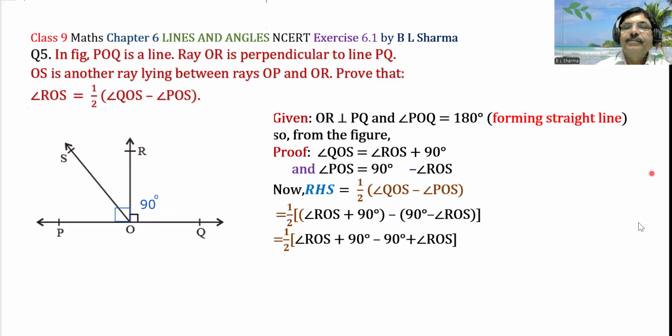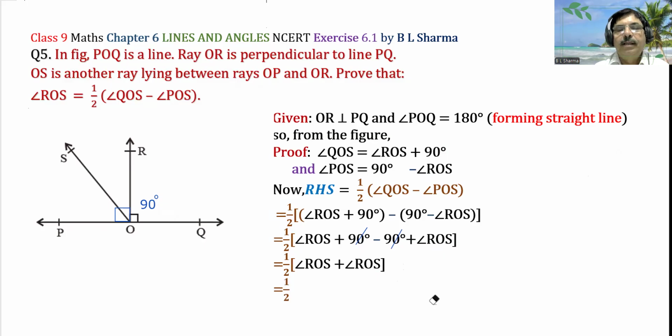You will see here, क्या देखेंगे आप यहां पर कि plus 90 minus 90 cancelled. So that equal to, now angle ROS plus angle ROS, that is twice of angle ROS.